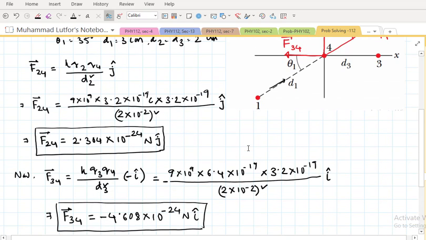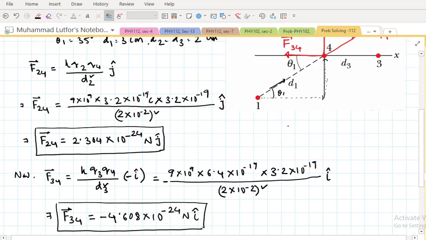I can consider this one component and this another component. Since this is theta 1, this is also theta 1.